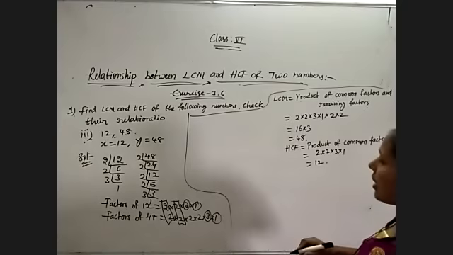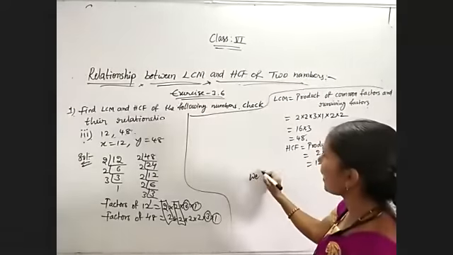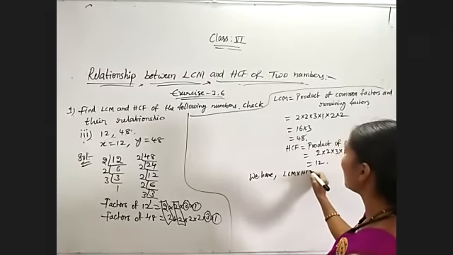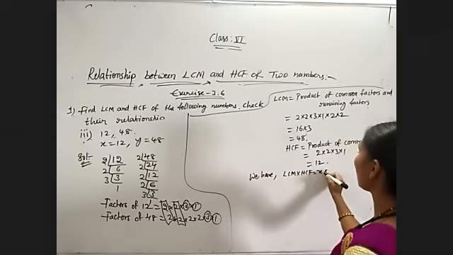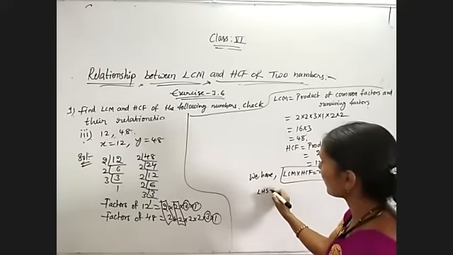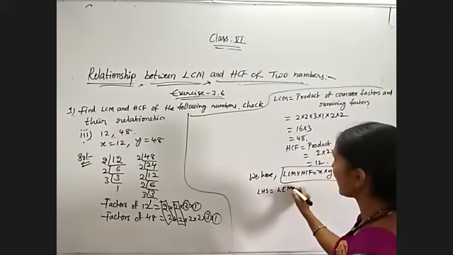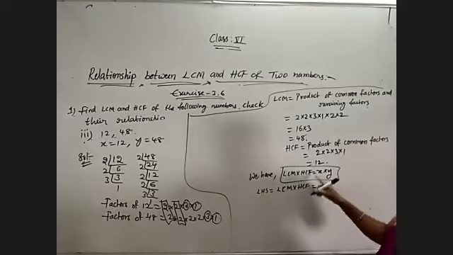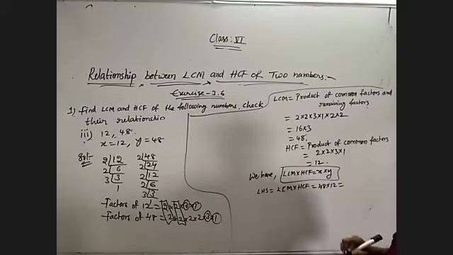Now observe the relationship. The product of LCM and HCF is equal to the product of those two numbers. So consider LHS. LHS is equal to LCM into HCF. LCM I got 48, HCF I got 12. 48 into 12.